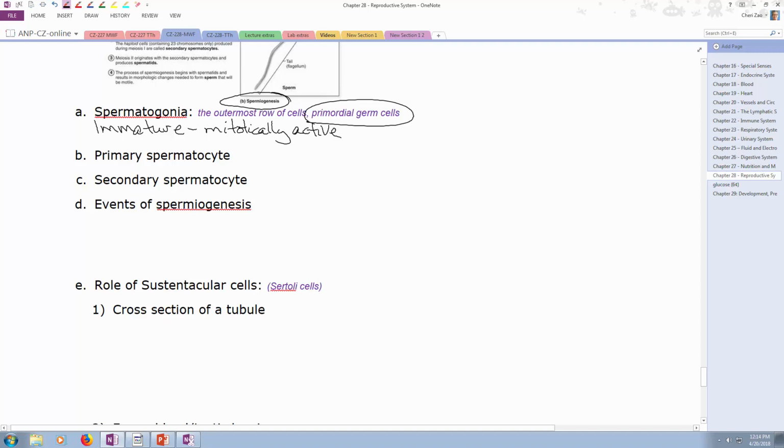And one of the two daughter cells becomes the primary spermatocyte.